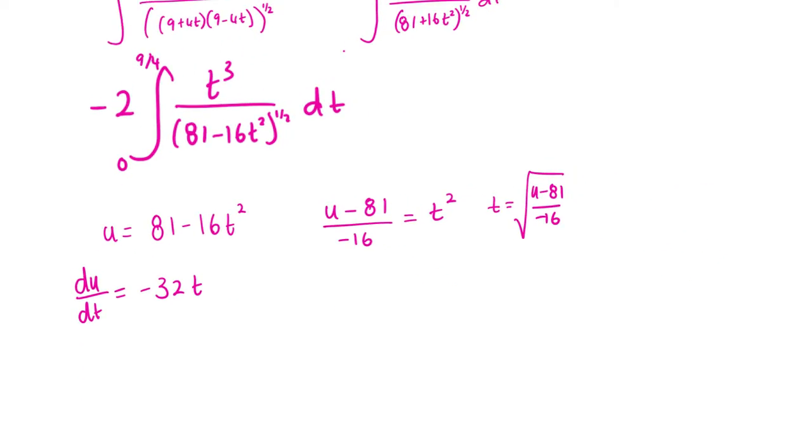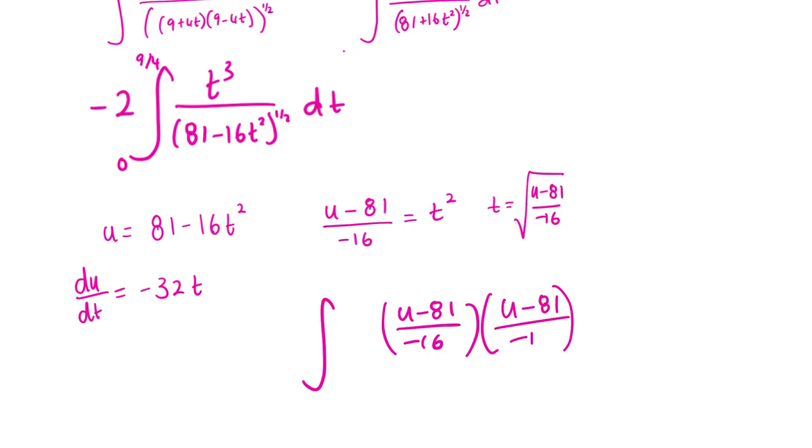So I'm going to have the integral of t cubed, which I'm going to get u minus 81 over minus 16, because that's t squared, multiplied by u minus 81 over minus 16 to the power of a half, divided by u.